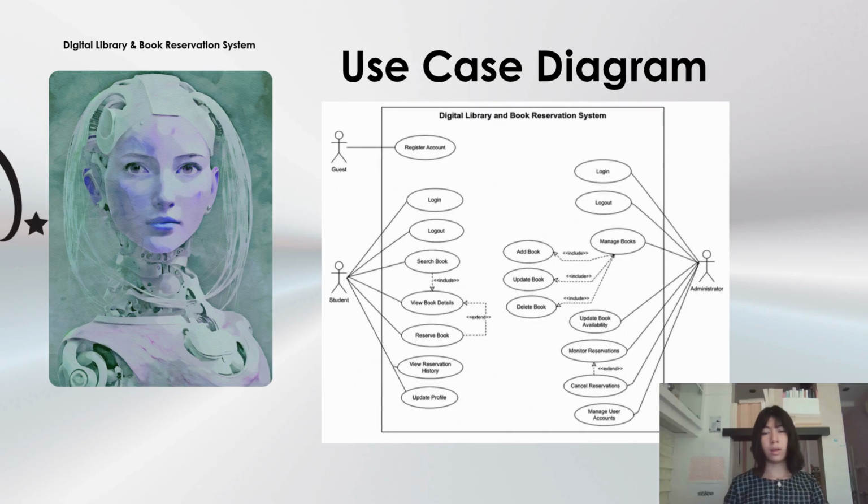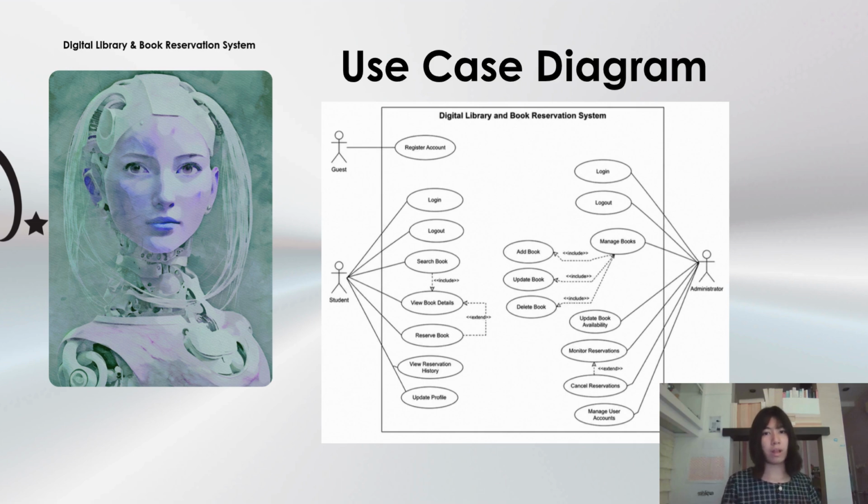The use case diagram identifies three primary actors, which are guests, students, and administrators. A guest can only register for an account, while a student can log in, search books, view book details, reserve books, view reservation history, submit feedback, and update profile.